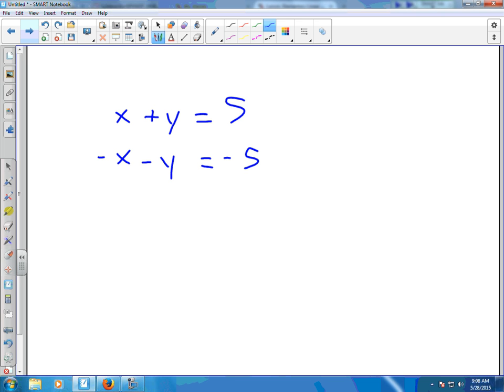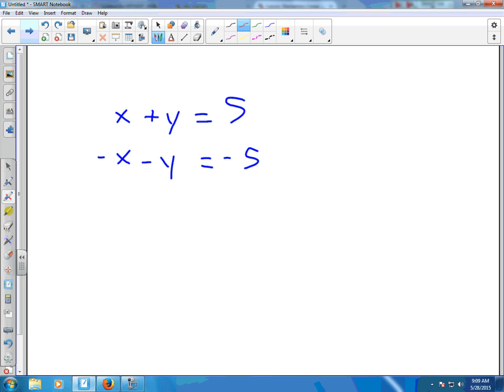This system has infinite solutions. But that doesn't mean every ordered pair works. For example, does the ordered pair 3, 4 work? If I plug a 3 in for x, a 4 in for y, is that true? No. If I plug a 0 and a 0 in, obviously that's not true. So remember, infinite solutions doesn't mean that every ordered pair will work.